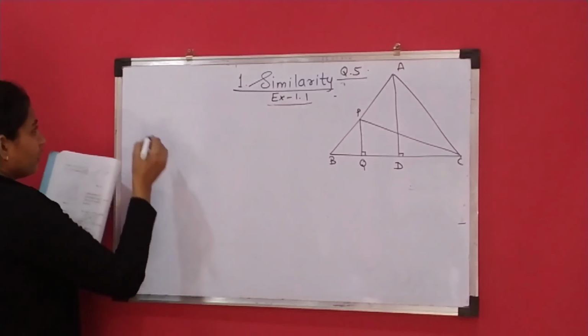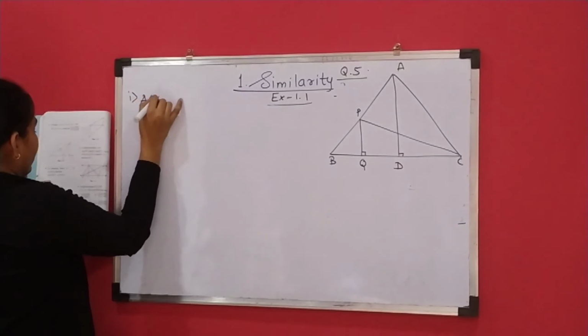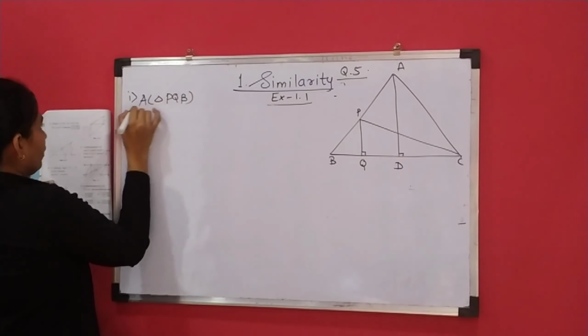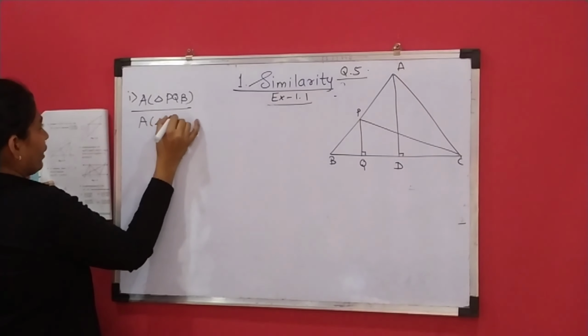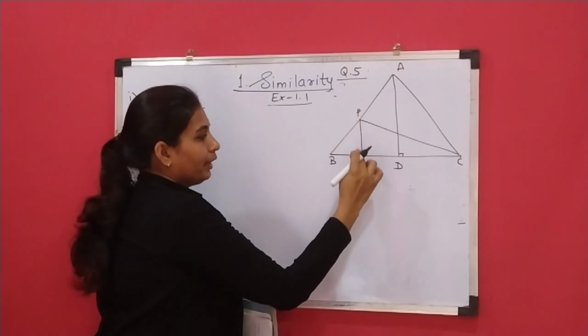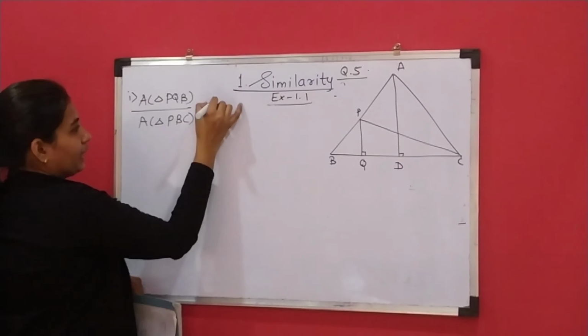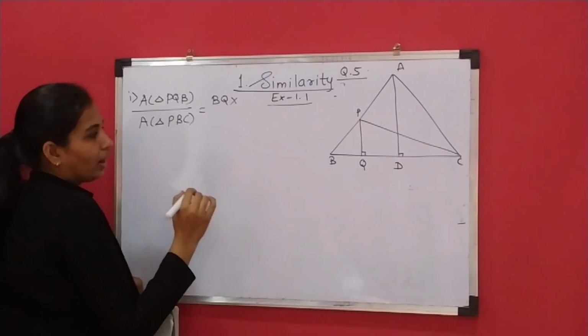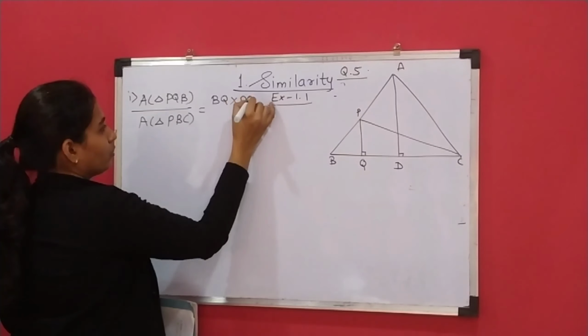Now the first ratio is the area of triangle PQB upon the area of triangle PBC. For triangle PQB, the base is BQ and the height is PQ.